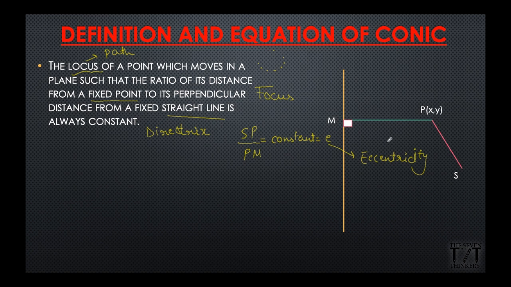So what is the equation of a conic? Just using the distance formula, we can find out the equation of a conic. Let S have the coordinates alpha comma beta, and let the equation of the directrix be ax plus by plus c is equal to 0.